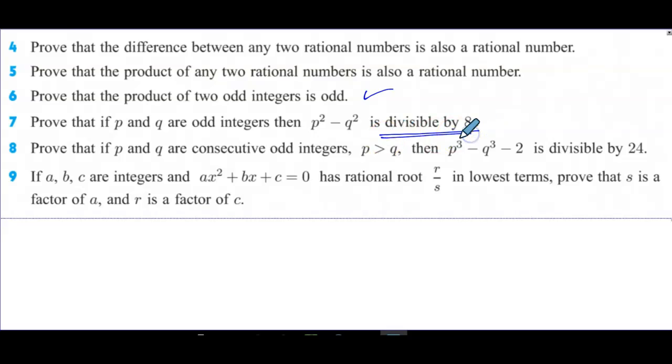Divisible by 8. Hey, the hint here is what you need to do is you need to somehow show that if I take two squares of odd integers, I'm going to get 8 times an integer, where k is an integer. So maybe you try to multiply those out, factor out an 8.